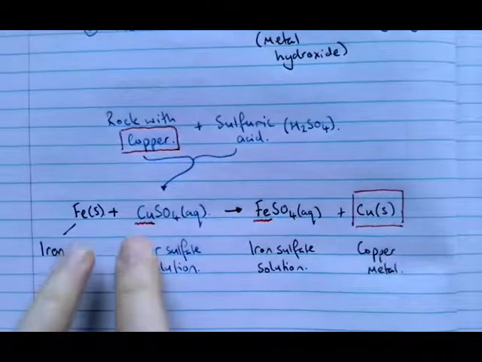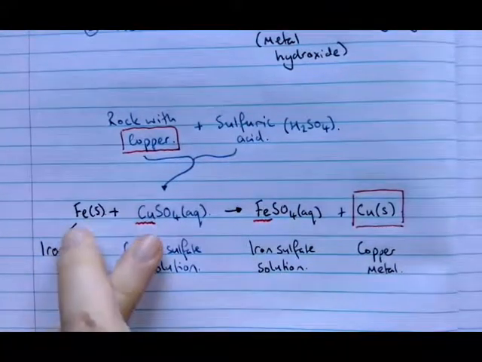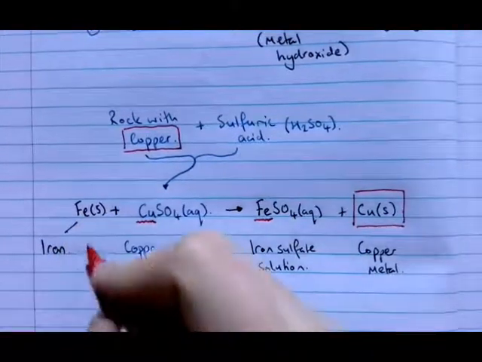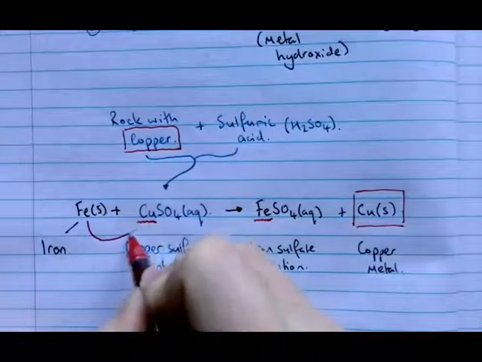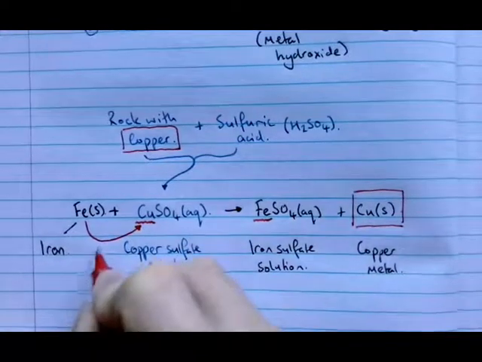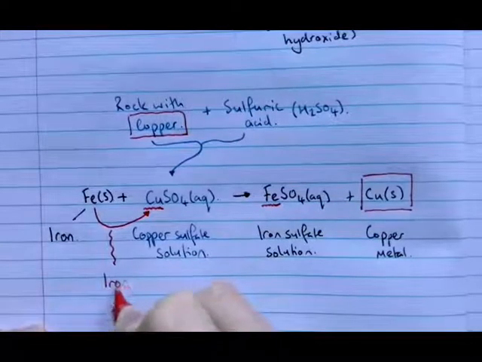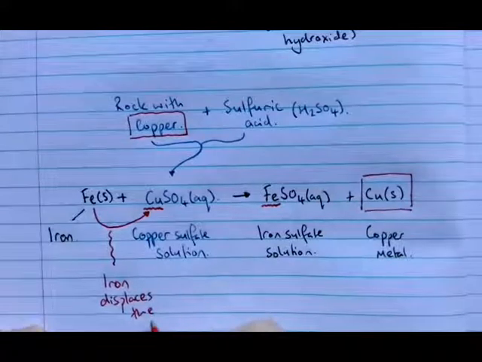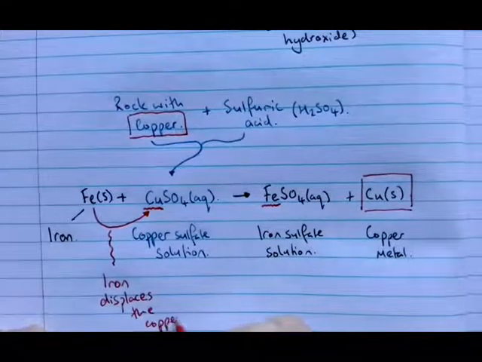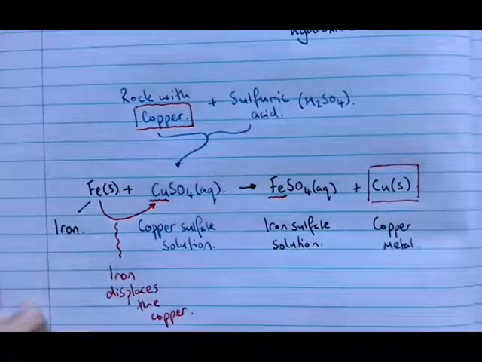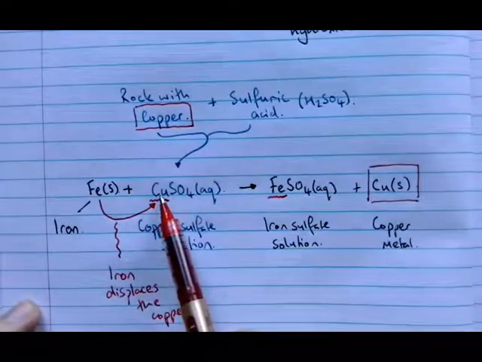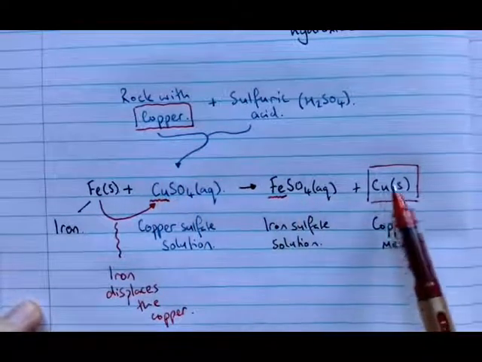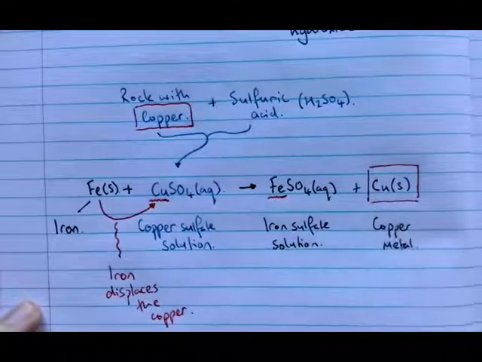So what's happened is these two have swapped places. So we say the iron displaces the copper. We have copper sulfate, the iron comes along, kicks out the copper, and the iron takes the place in the iron sulfate, and I'm left with copper at the end.